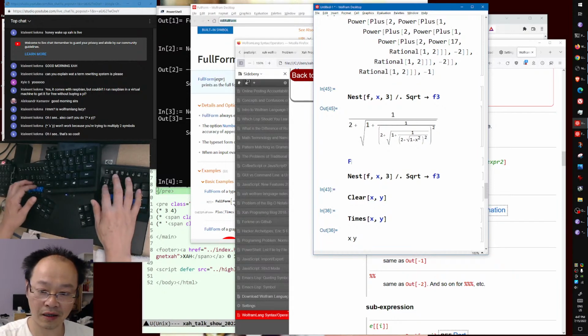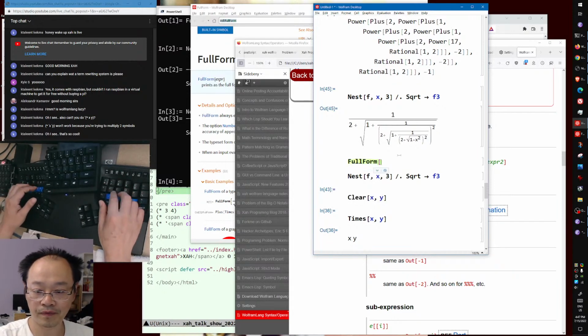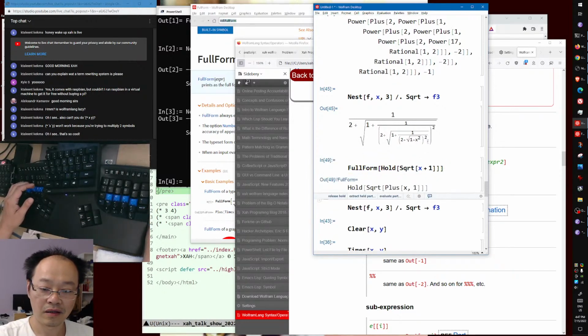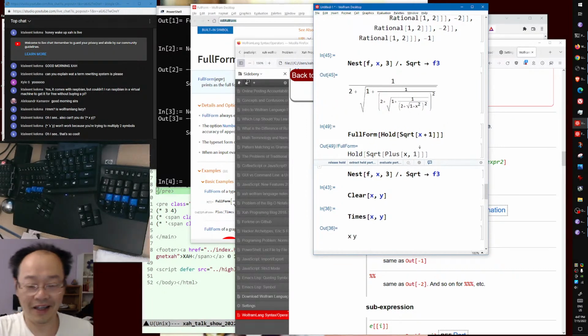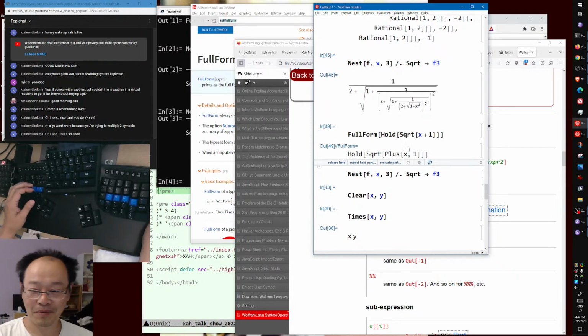You can say FullForm square root of x plus 1. Actually, you have to say Hold. It's always good to say Hold, otherwise it will just evaluate. That still doesn't work.